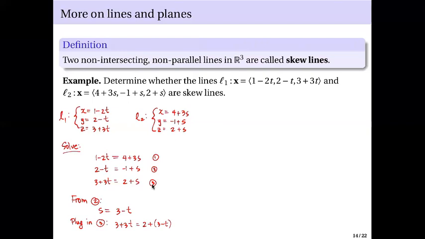What do we get? This guy here on the left hand side, this is 5 minus t, which gives us what? 3t. We put the t on this side, we'll have 4t equals. Then we put the 3 on the other side, you have 5 minus 3, which is equal to 2. This gives us t equals 1/2.